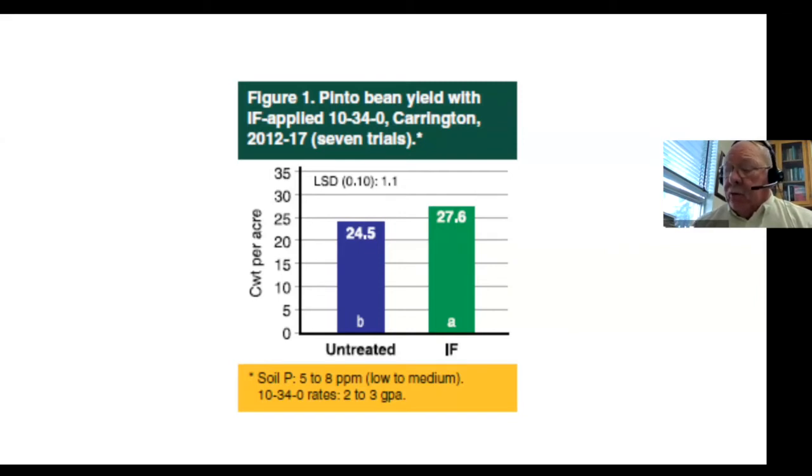It's just the danger is coming from urea and not from salt. So anyway, 2 to 3 gallon, whatever you can think of for a phosphate liquid fertilizer, tended to increase the yields over time.